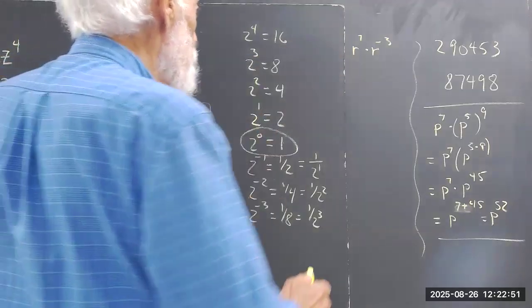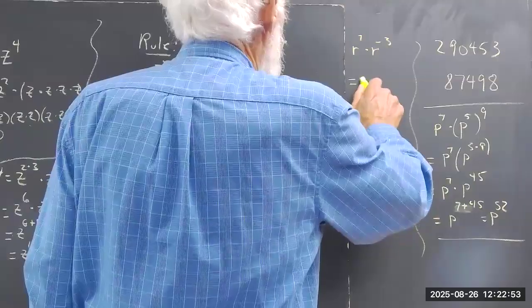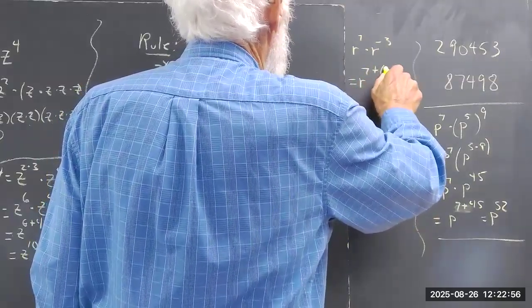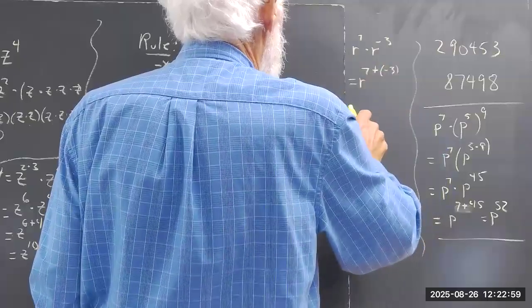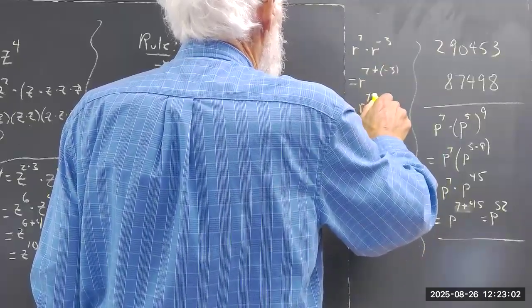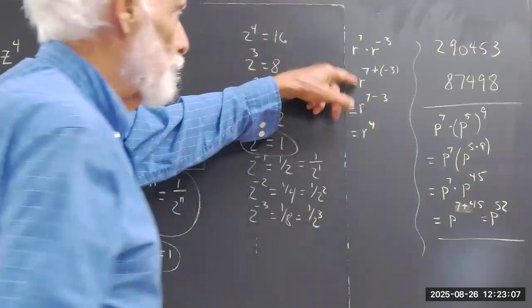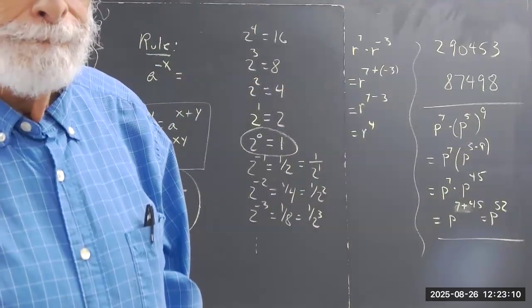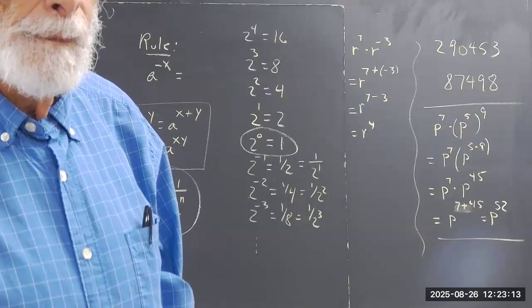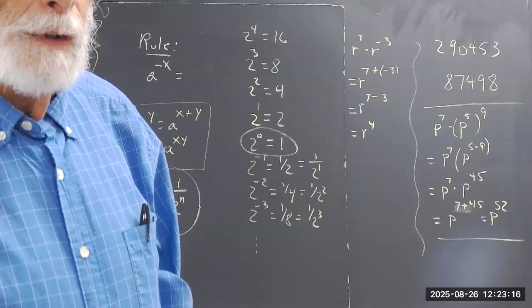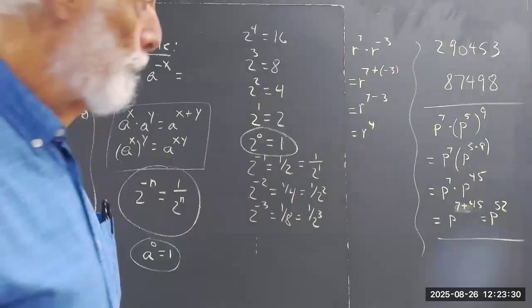Okay, r to the 7 times r to the negative 3rd is r to the 7 plus negative 3, which is same as just r to the 7 minus 3, which is r to the 4th. You want to write out as many steps as you can. Your thinking is what you do.